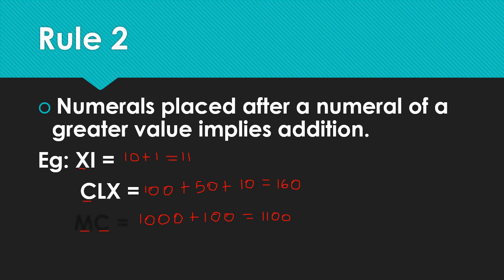Next, let's see one more example. MC. M is the greater value, C is the smaller value. When you have a greater value with a smaller value, you have to add. So M is 1000 plus C is 100, which is equal to 1100.